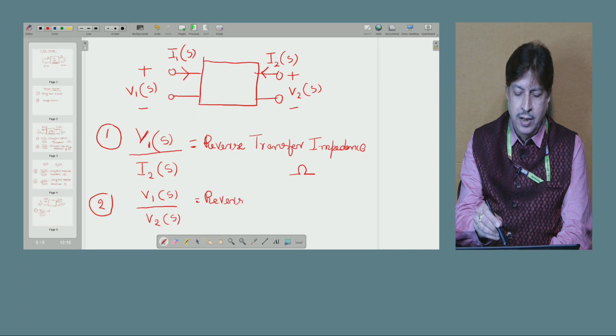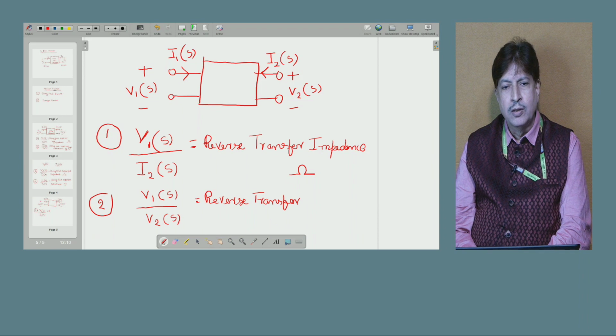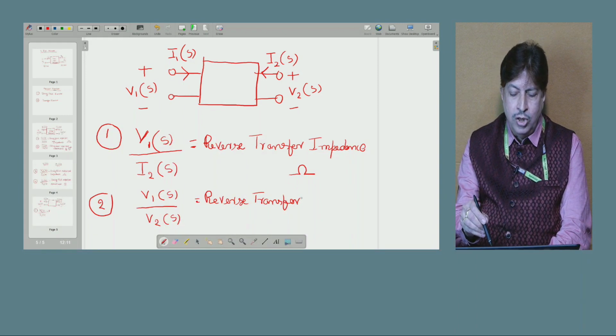Hence, it is a reverse transfer function. Numerator is voltage, denominator is voltage. Accordingly, this is called a voltage ratio.